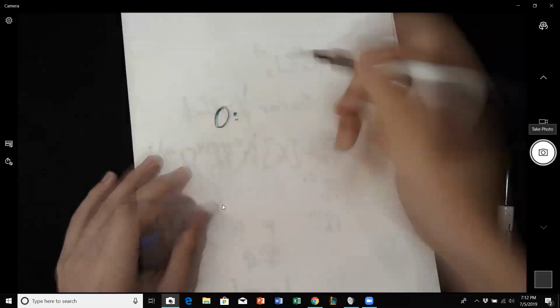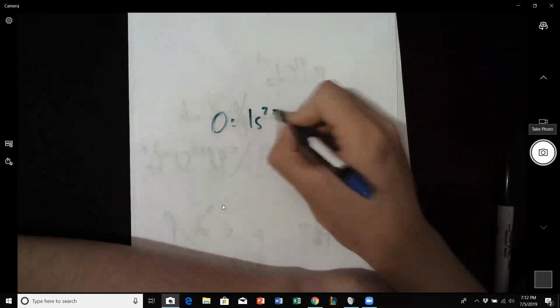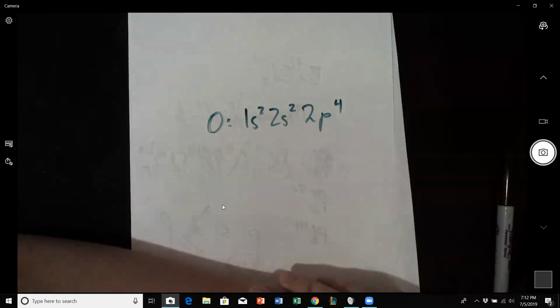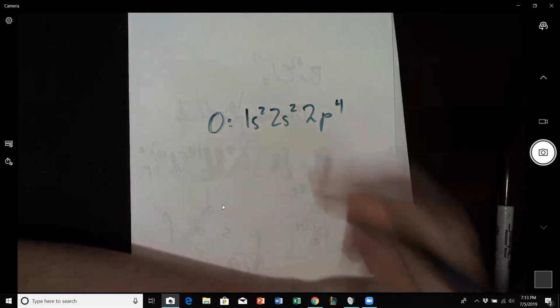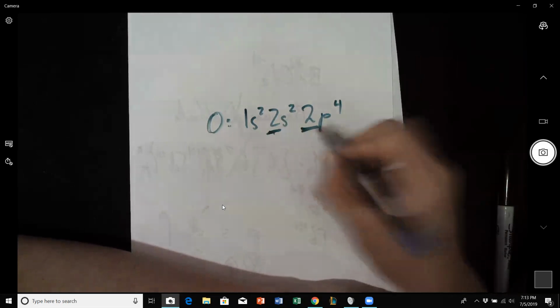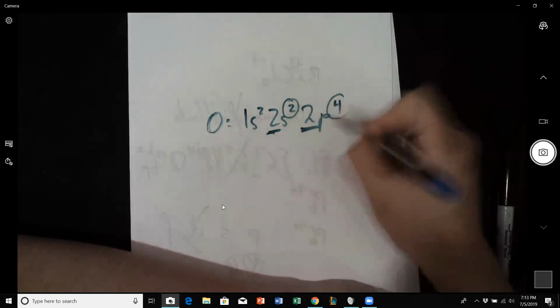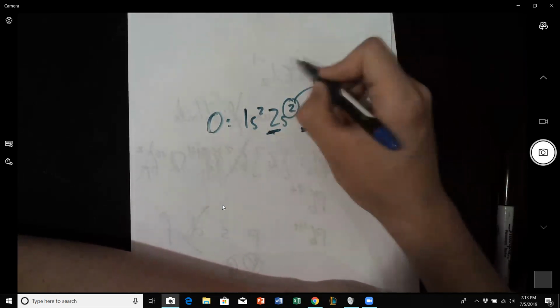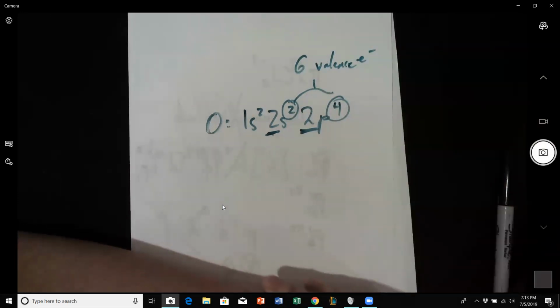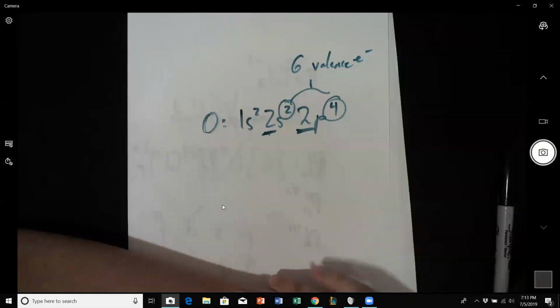For example, oxygen: 1s2, 2s2, and 2p4, right? I think that's right. The largest value of n is 2, so we sum these numbers together. This tells us we have 6 valence electrons. I guess that's the easiest way of thinking about it.